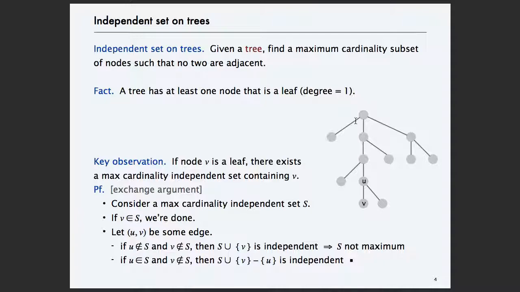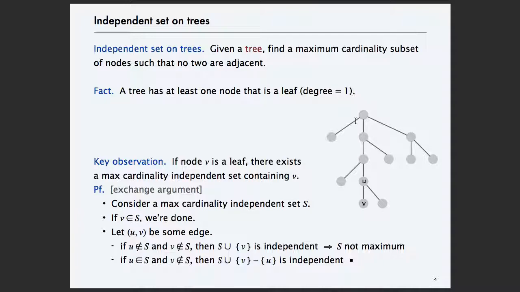If you have a leaf, then one of the maximum cardinality independent sets contains that node. Given a maximum cardinality independent set S, if it contains the leaf, that's what we wanted to prove. If not, then there is an edge UV, where V is the leaf.